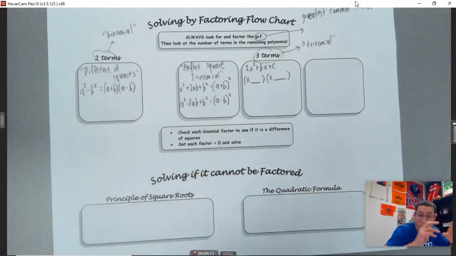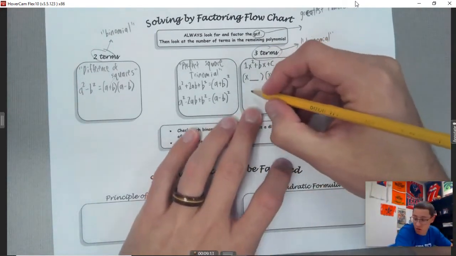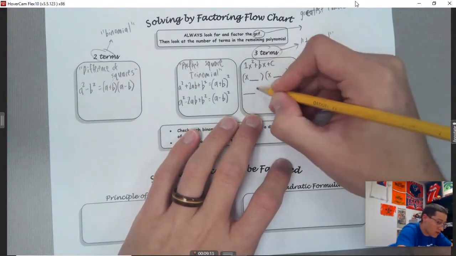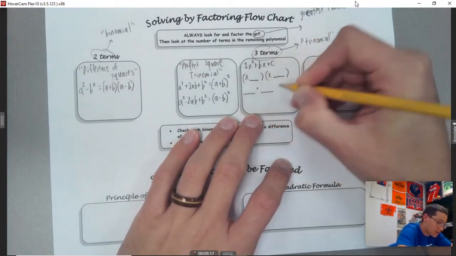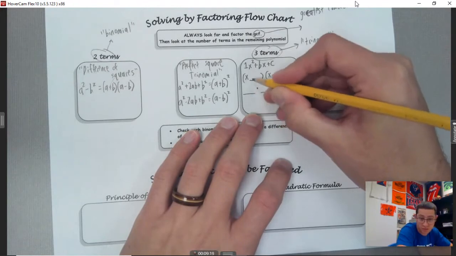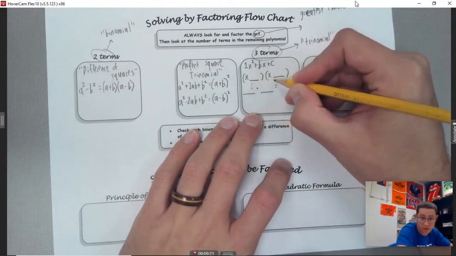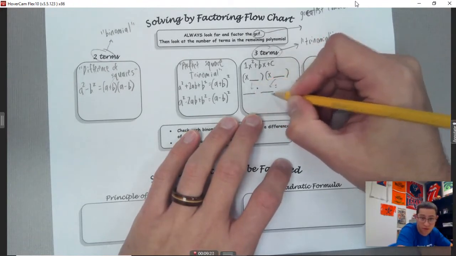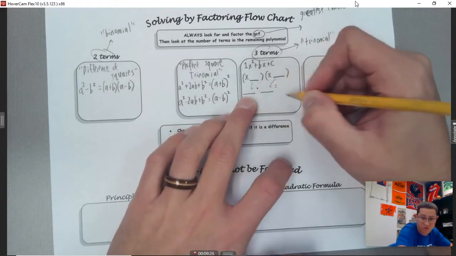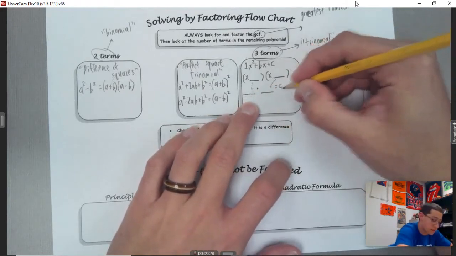Now, let's go ahead and talk about what those somethings are. We want the first something times the second something to equal c.